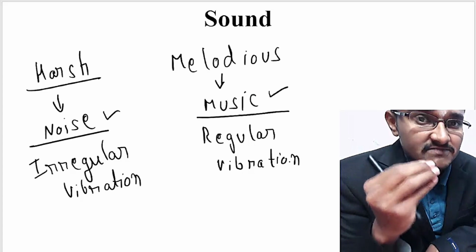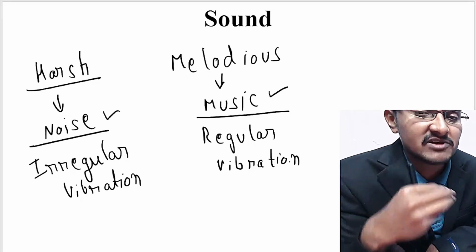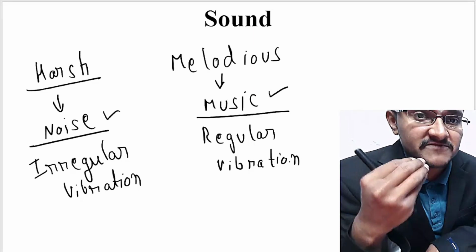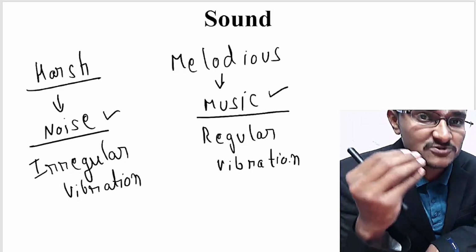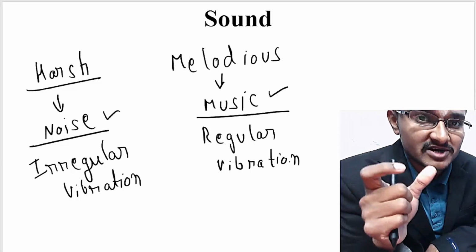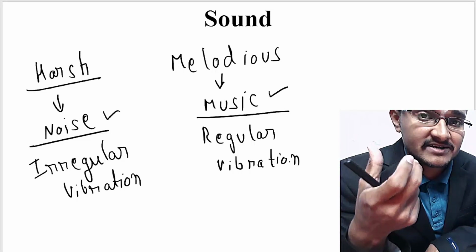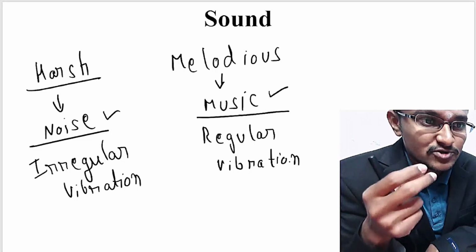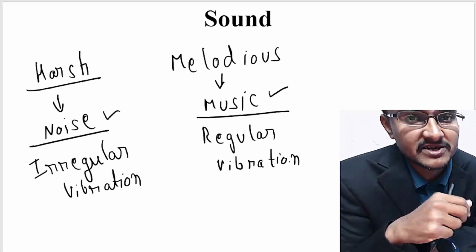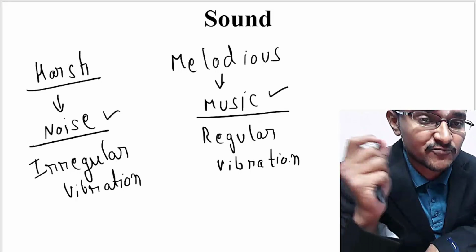People with high blood pressure, hypertension and heart problems will face a lot of problems from this noise pollution. Even small birds living in this world will get affected by noise pollution. You might have seen small birds disappearing from cities. Why?